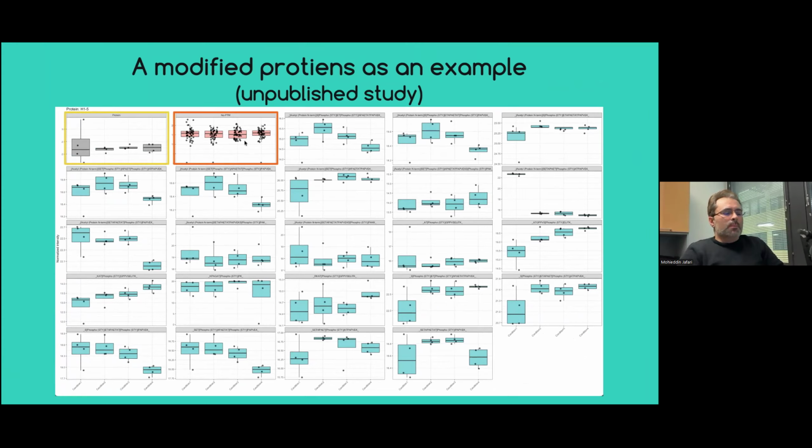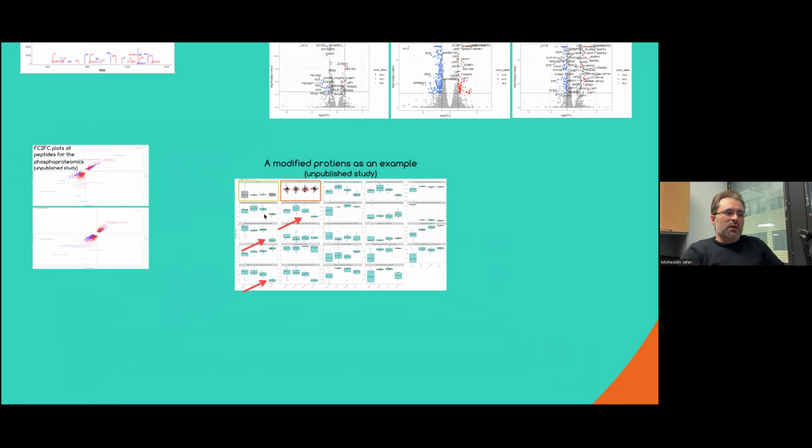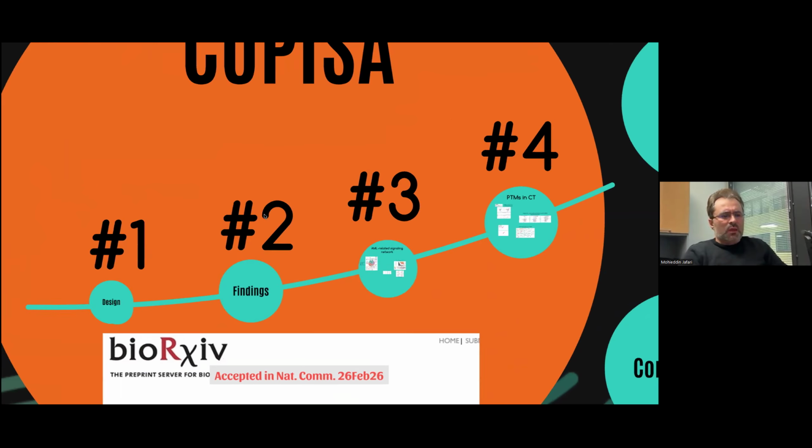But when you focus on the peptide which has, in this case, phosphorylation, we can see that in the case of the combination, we have a different peptide abundance. This shows that the combination is not only the sum of two drugs, it's a new mechanism that we call conjunctional targeting.